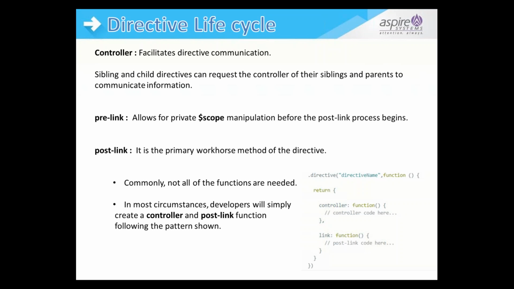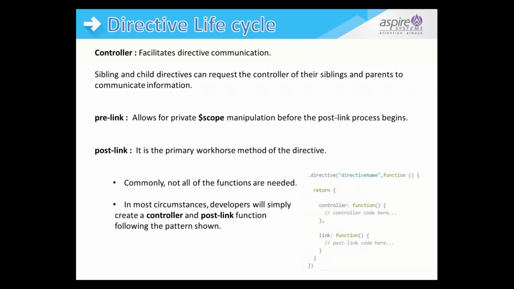Pre-link and post-link. Pre-link and compile are almost the same. The only thing is compile is used to change the DOM before it is rendered, whereas pre-link is used to change the scope before it is rendered. DOM means the DOM elements on the page. Scope means the scope value I passed, right? The best example is email.